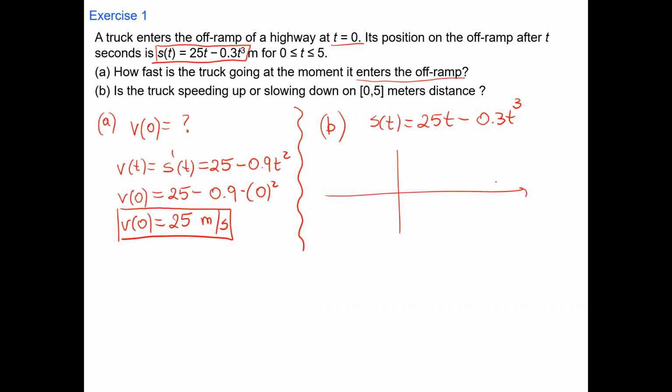If this is the position function, and this is time, definitely t equals 0 is one of the x-intercepts. And then I'm assuming the graph will be like this. But we don't know these maximum points.